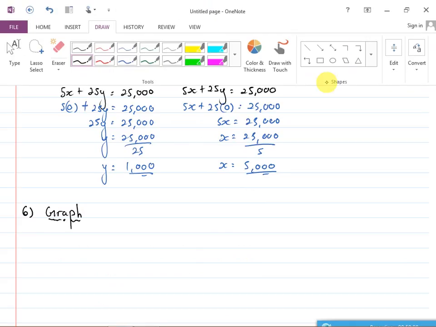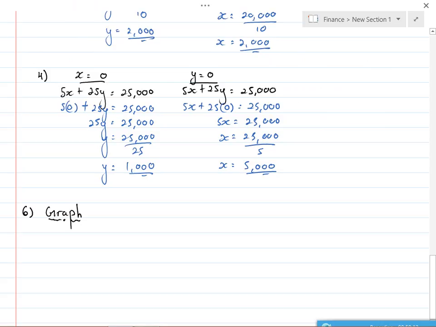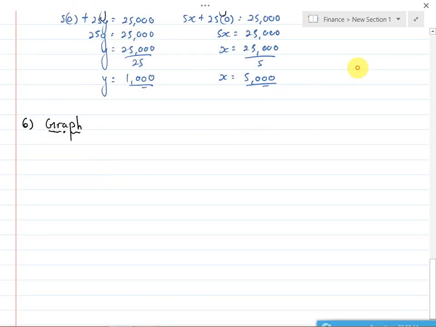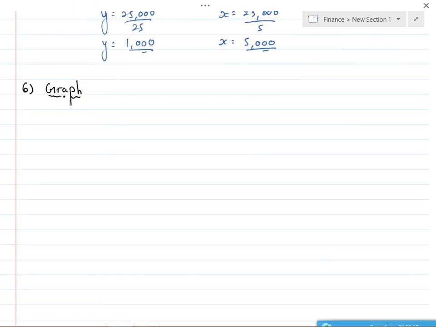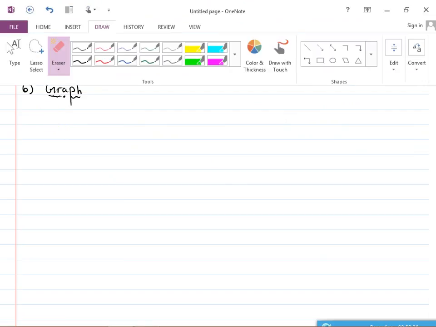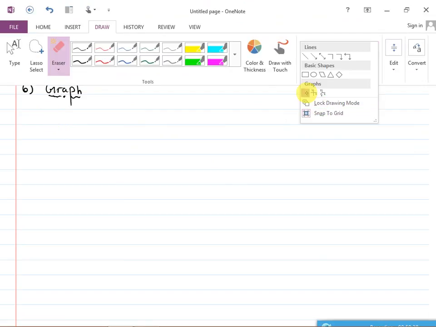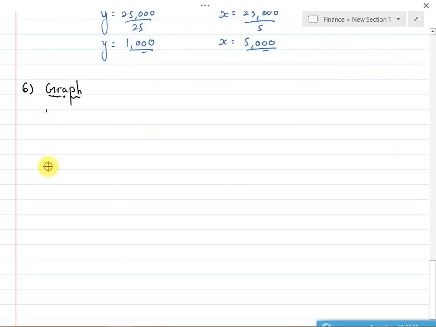For me, the graph is going to be very easy for me to draw the graph. I'm done with my graph. Are you ready? Please come up with the scale first.